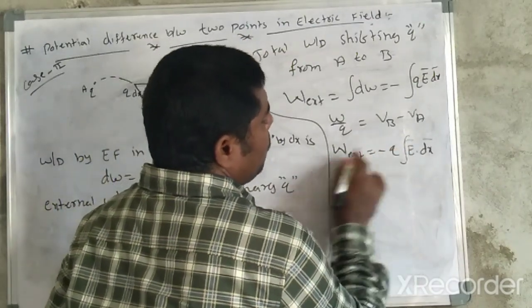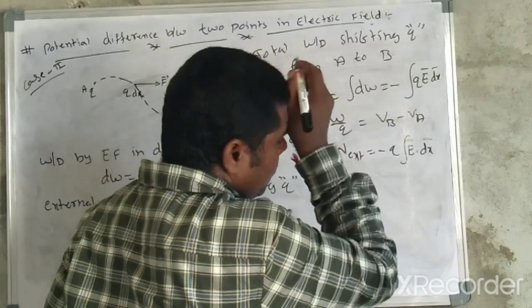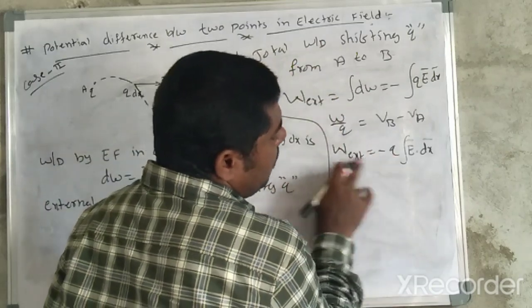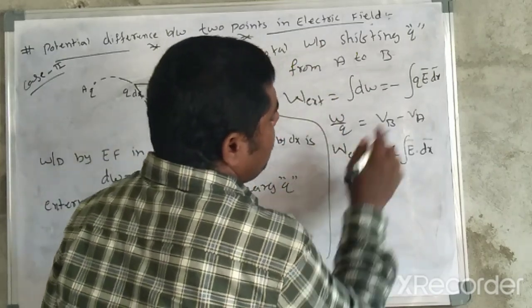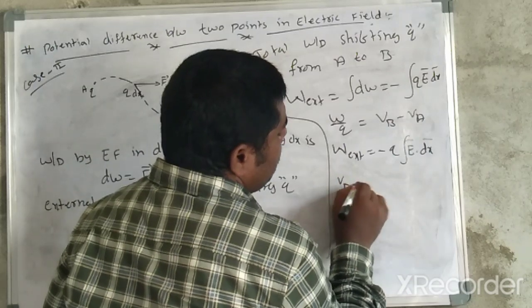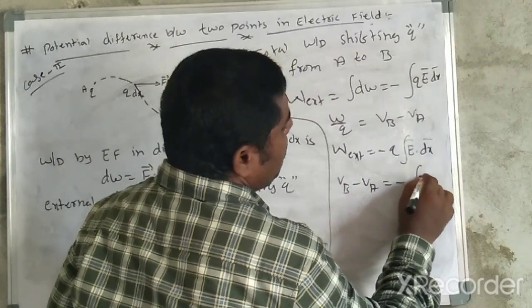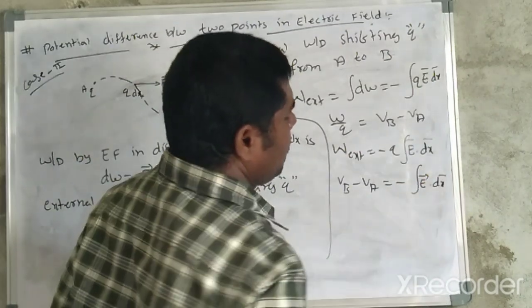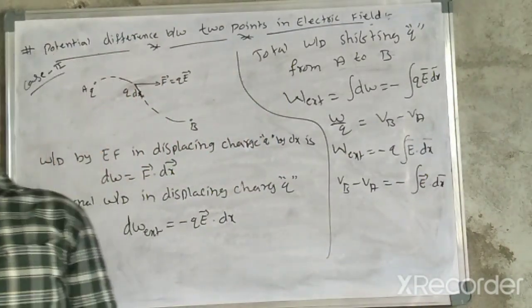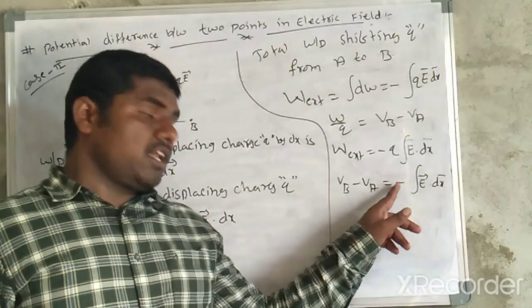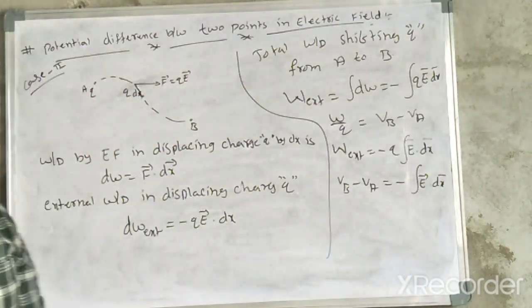So the potential change VB minus VA is equal to minus the integral of E bar dot dx bar. Here the minus sign indicates the direction of the electric field.